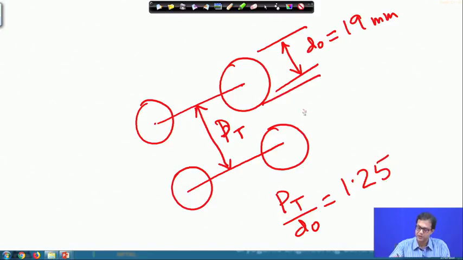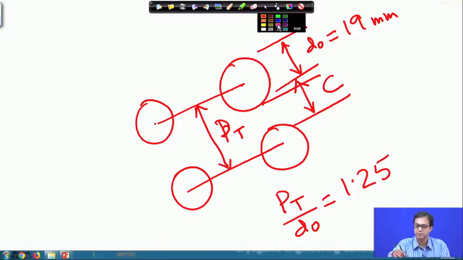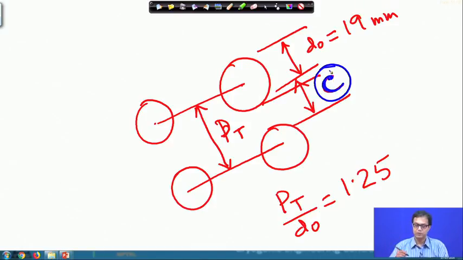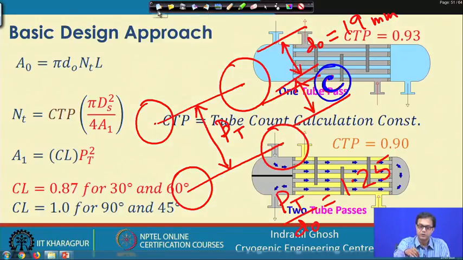Here we have the clearance, this is nothing but clearance C. We will be using this term later on. This will also be necessary. So this is what we have been given.